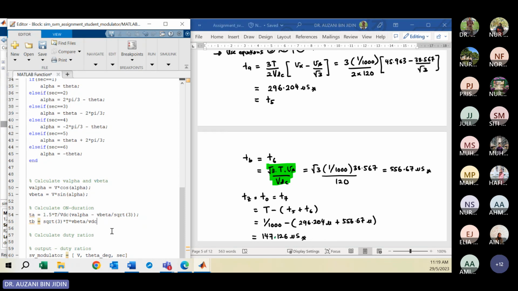Okay, semicolon. Then TZ is easy. It is the time taken to select the zero vectors, V0 or V7. You can obtain it as the difference between T and the summation of TA plus TB.